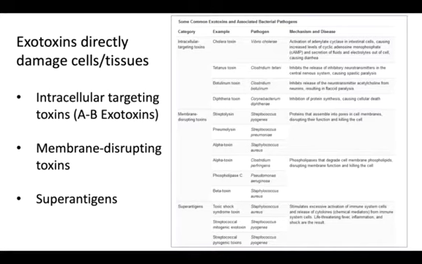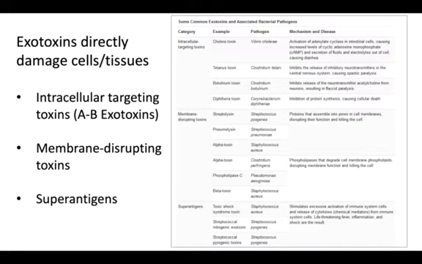The A part that holds the toxin is then introduced into the host cell, and that is what will produce, when expressed, the damage to the host cell. So we've got examples of the toxins in this category, the AB exotoxins: cholera and tetanus, botulinum and diphtheria, all are examples of the AB exotoxins.